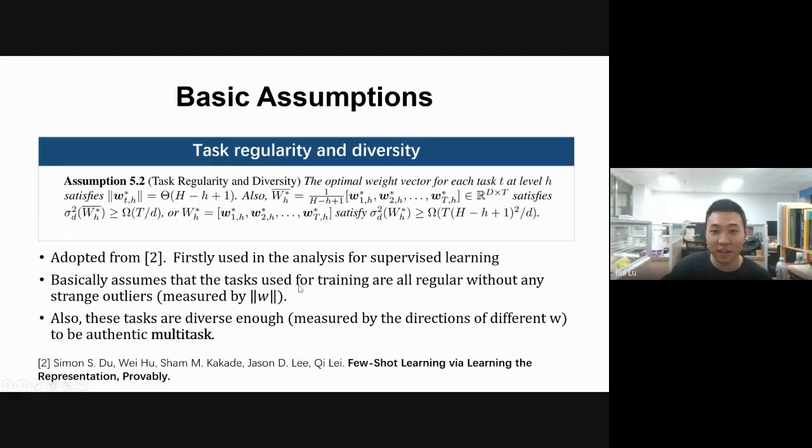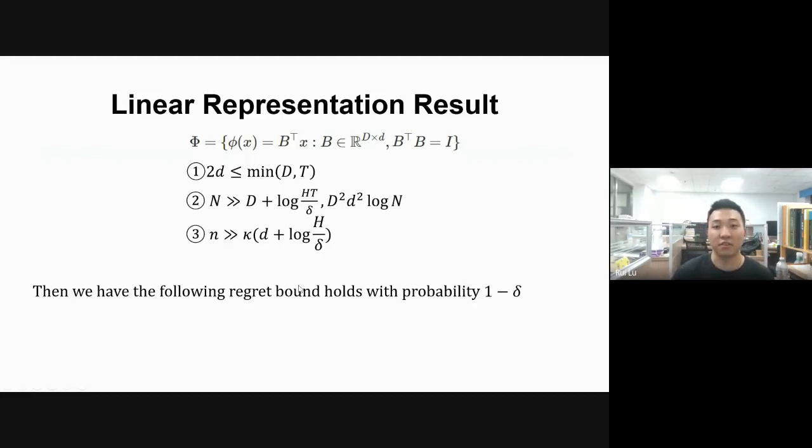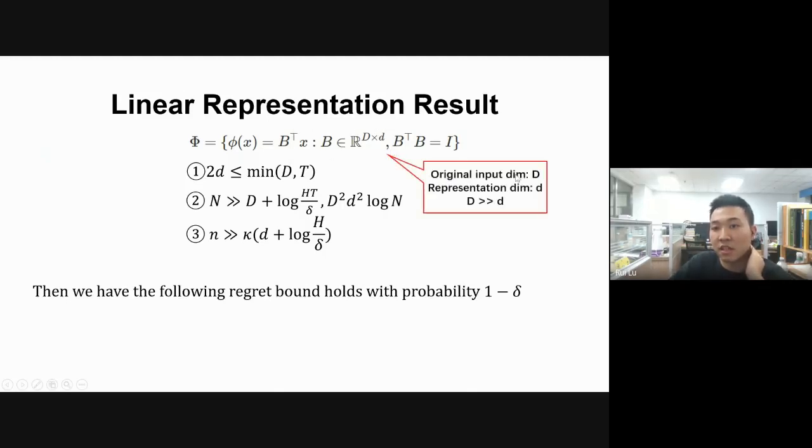Sure. Okay, thanks. So finally, we are ready to present our final result for linear representation class. So here, the capital phi becomes this function. It is simply a matrix, and capital D is the original input dimension, for example, the dimension of the image, and small d is the representation dimension.